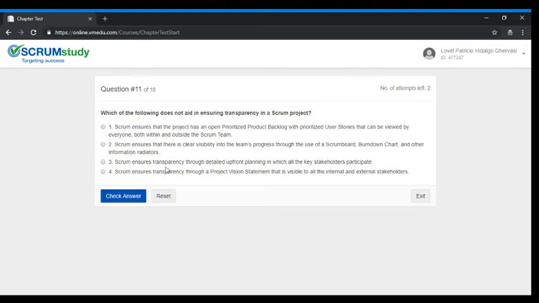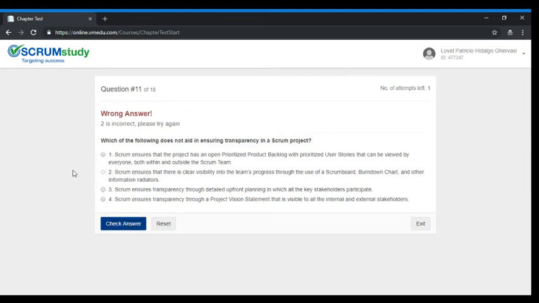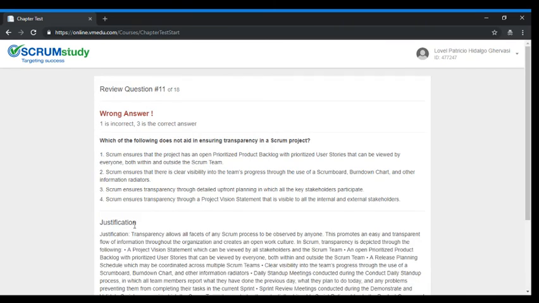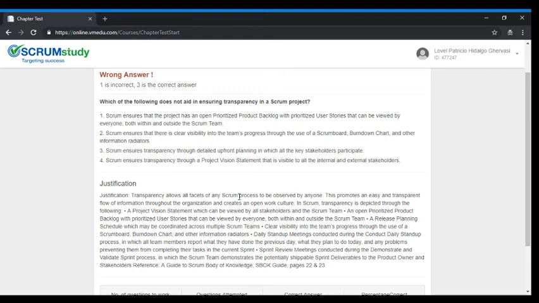Bueno, la respuesta 3 la vamos a considerar debido a que ya fue respondida en una pregunta anterior. Scrum asegura que todo es visible en el proceso del equipo mediante un Scrum Board, chart, sí, han cambiado algunas cosas, ¿no? Han actualizado el SBOK.